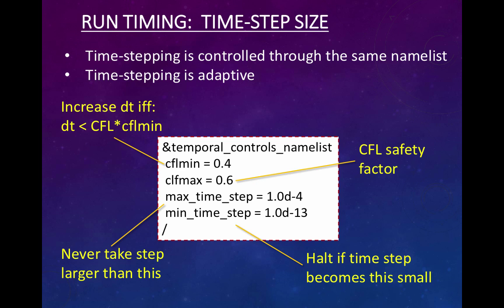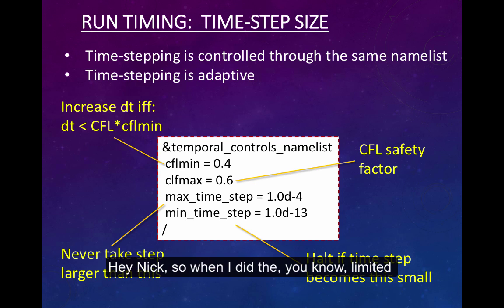So set this to something small because occasionally the time step will just keep becoming smaller and smaller and your code will just waste a lot of time. So this makes sure it stops. And then there's a max time step that you can specify. And so you can say, I don't care what the CFL condition tells me, never take a time step larger than this.